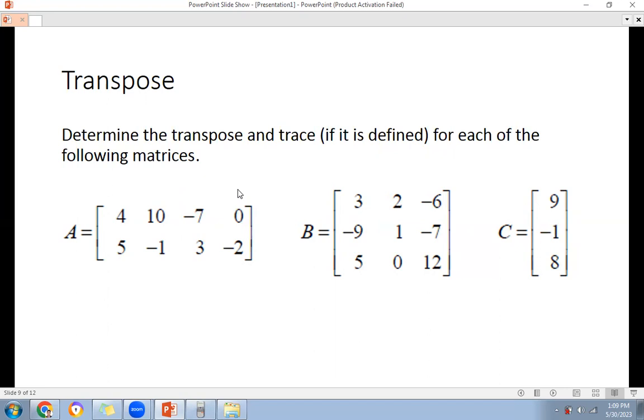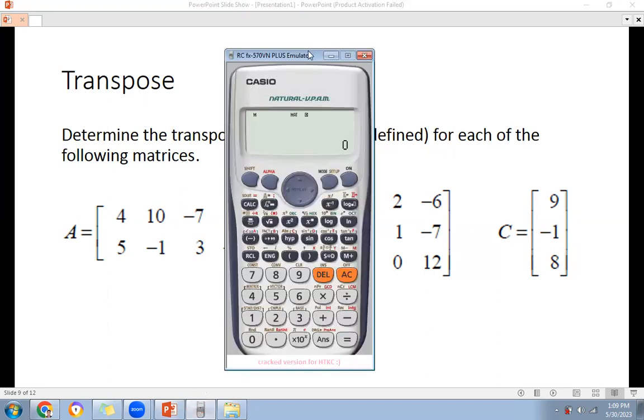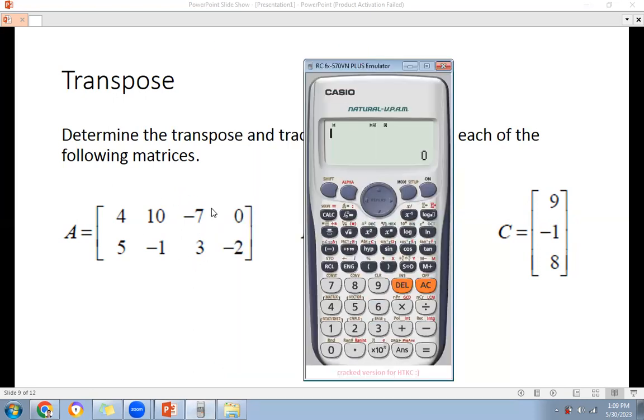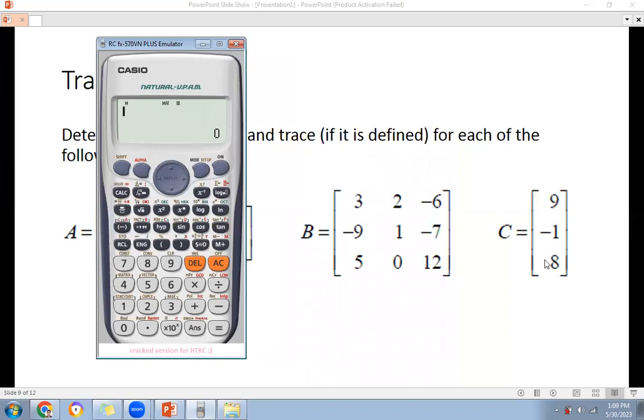Anyways, since our calculator is not capable of handling 4 columns or 4 rows, we can only solve for these 2, B and C. Okay, so let's first define matrix B. That's 3 by 3: 3, 2, -6, -9, 1, -7, 5, 0, and 12.